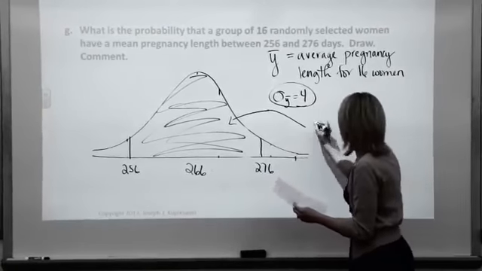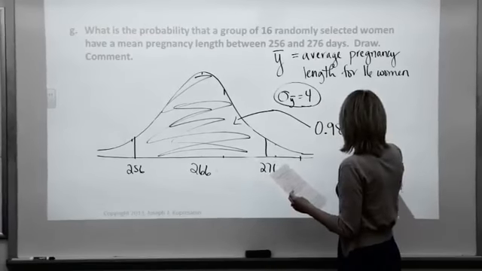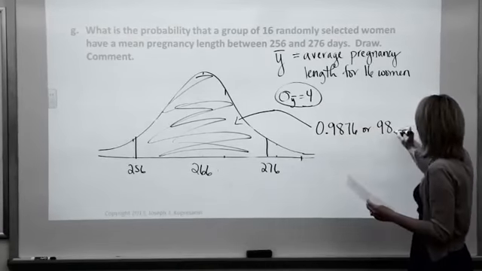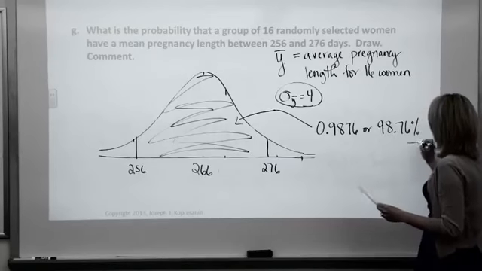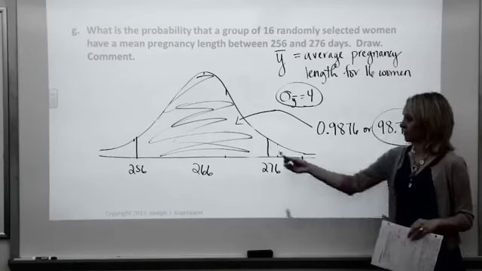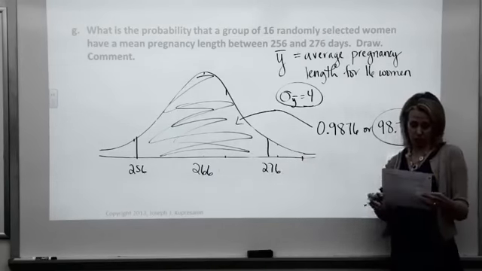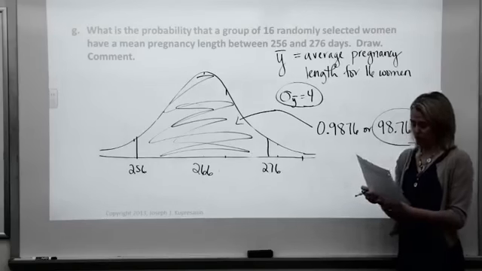But if you do this, you'll find that area in the middle there is 0.9876. Or almost 99% of the time that you look at samples of 16 women, the average length of their pregnancies will fall in this range. That's going to be some extremely common values.